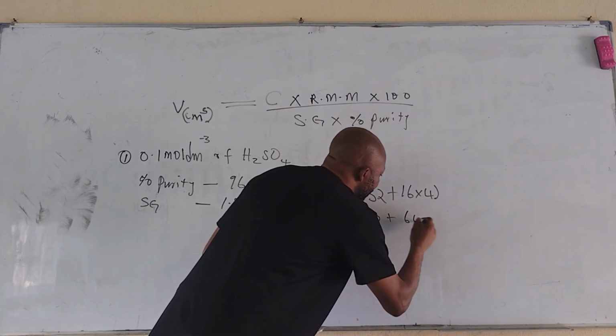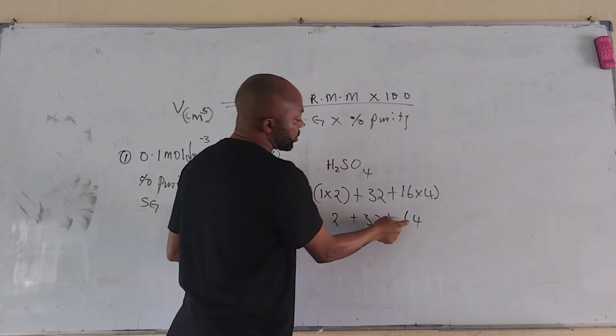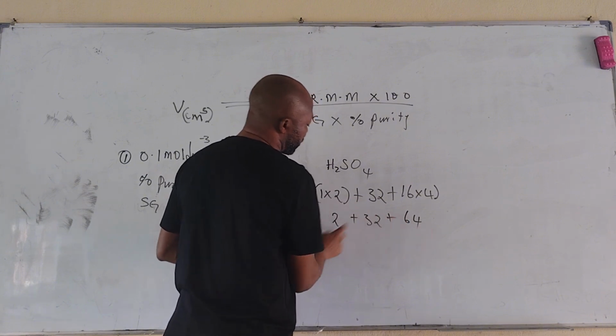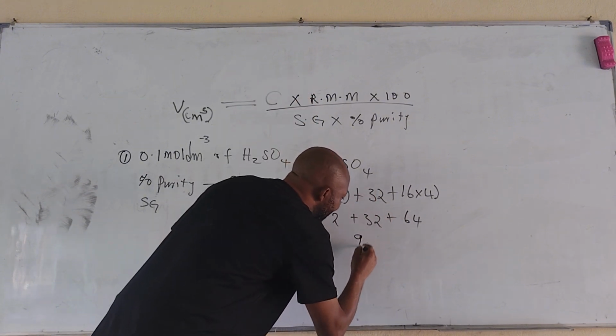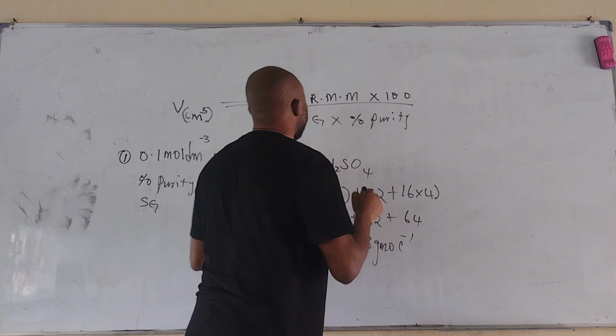So 64 plus 32 is 96, plus 2 is 98. So I have 98 g/mole for the relative molecular mass.